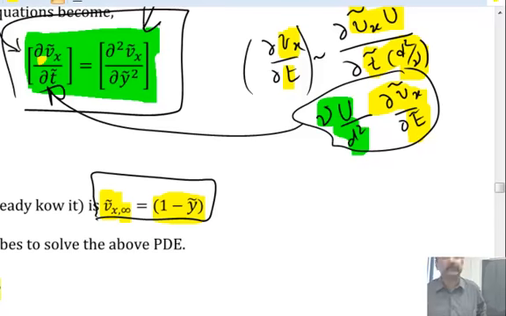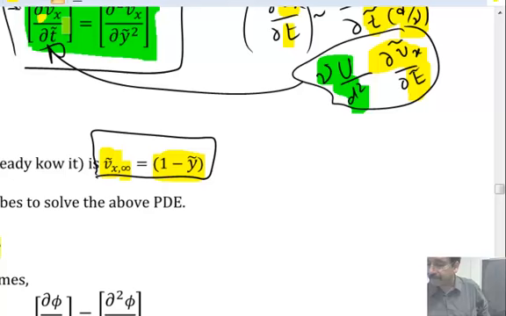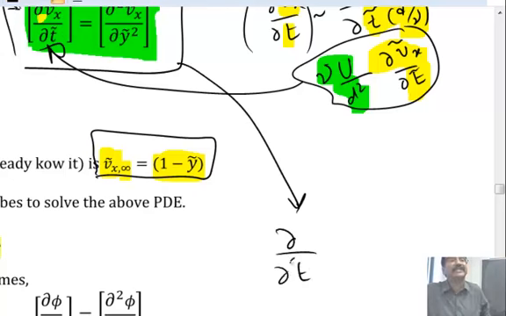So we are taking a function phi which goes to 0 as t goes to infinity. It vanishes, because we know that when time goes to infinity, the solution is 1 minus y, and we already have that built into that. So this phi should disappear. So that is one transformation that we are going to make. Wherever we have Vx, Vx is equal to phi plus Vx infinity, because that's how we define phi.